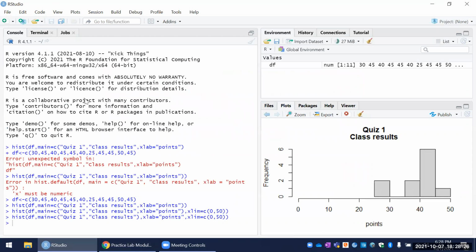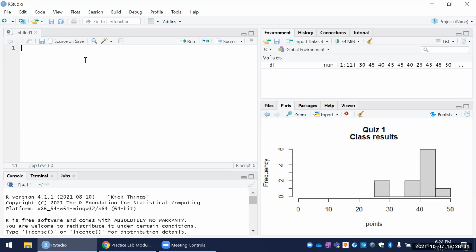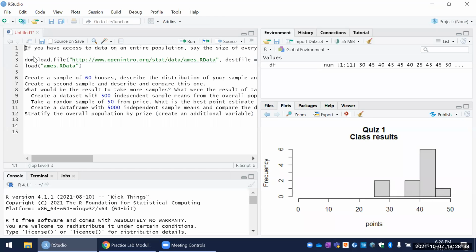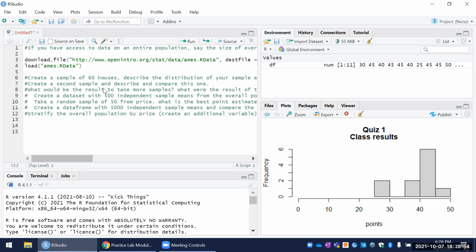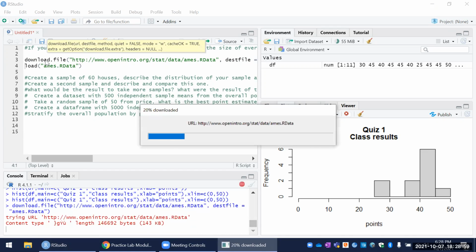Okay, so let's again open an R script. We have now a couple of things to do. All right. So we are now looking at data from Ames, Iowa. So for this purpose, we need to run line 3 and line 4.